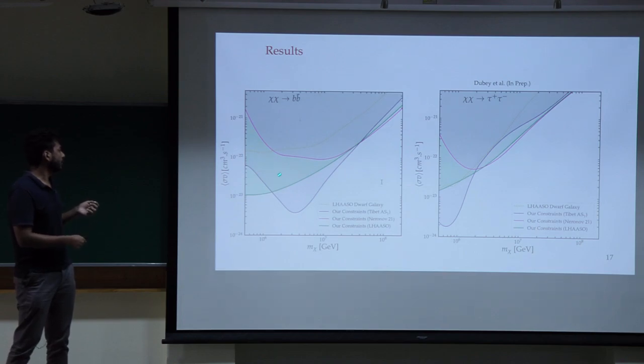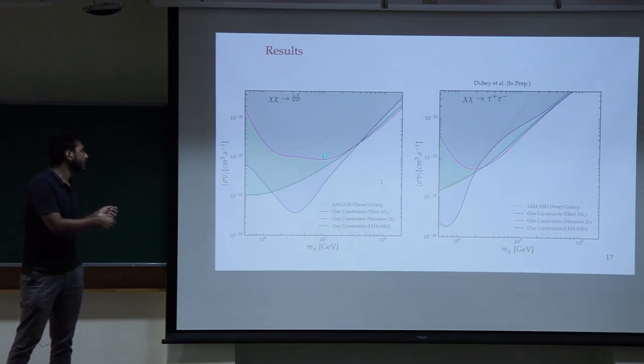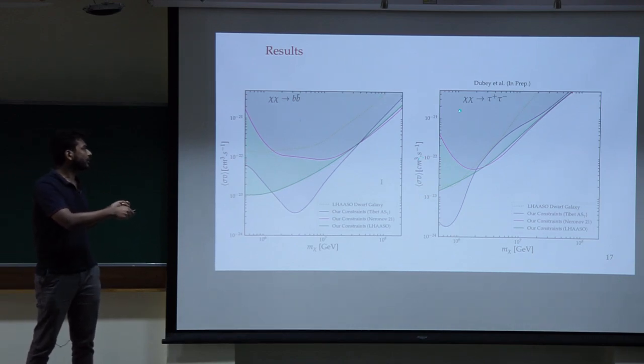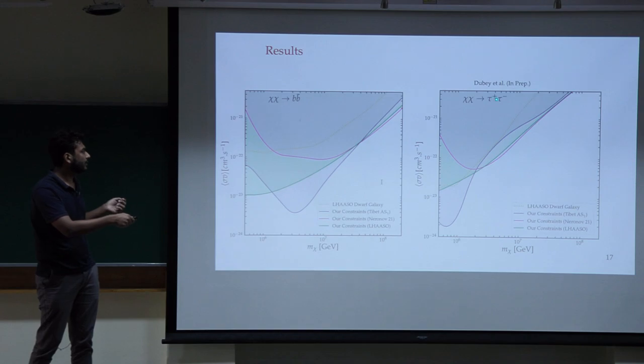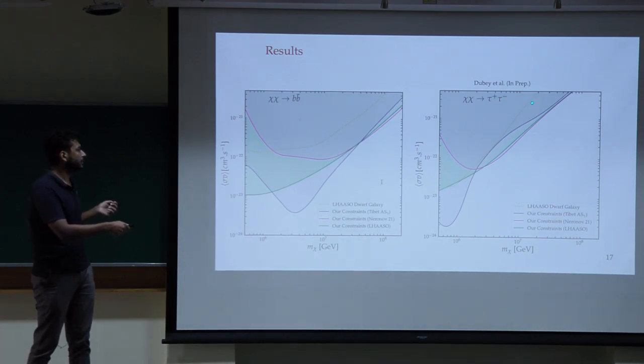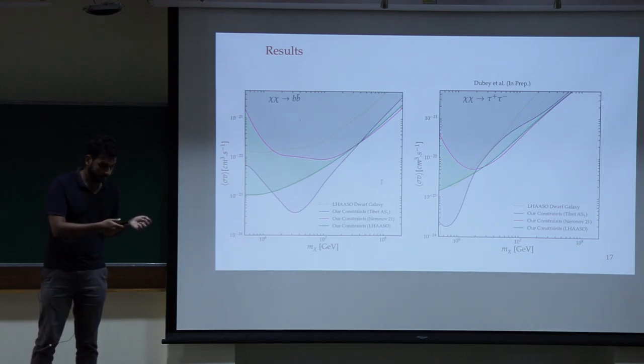Anything above this line is ruled out. These three lines, which are our constraints, are much stronger than LHAASO's constraint, and this is also true for dark matter annihilating to tau plus tau minus. We are getting much stronger constraints in a large region of parameter space.